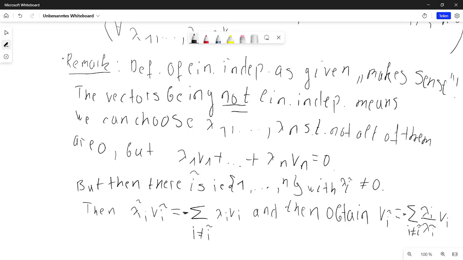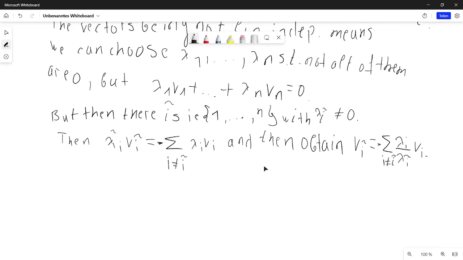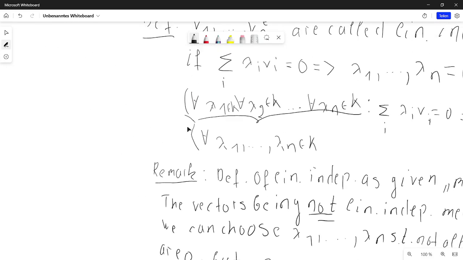So what you see is that if the vectors are not linearly independent, then at least one of them can be represented as a linear combination of the other ones.